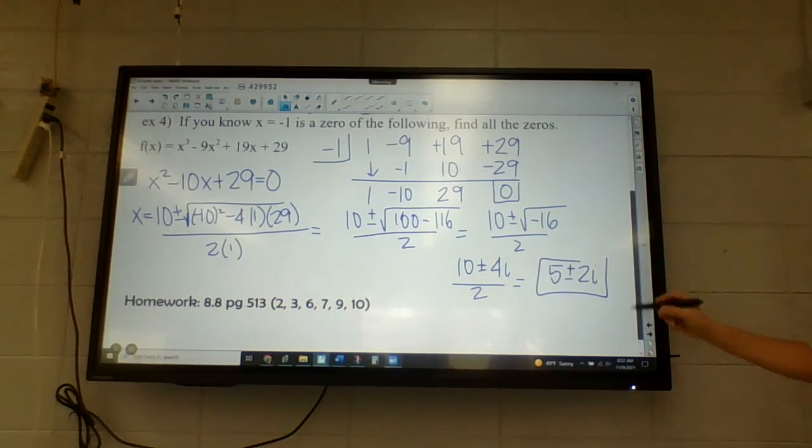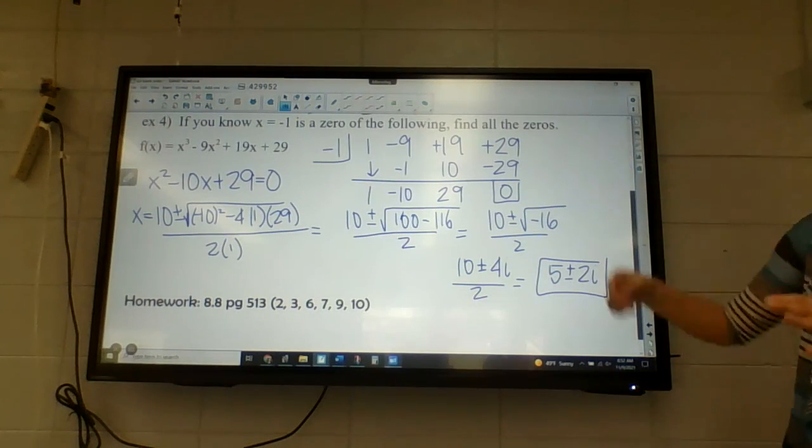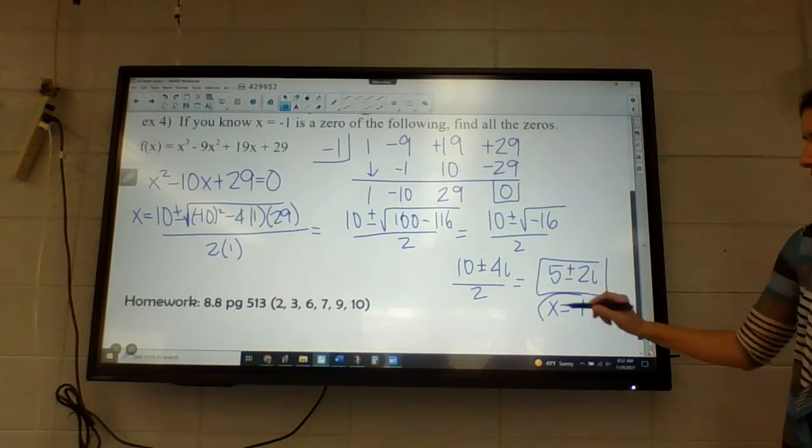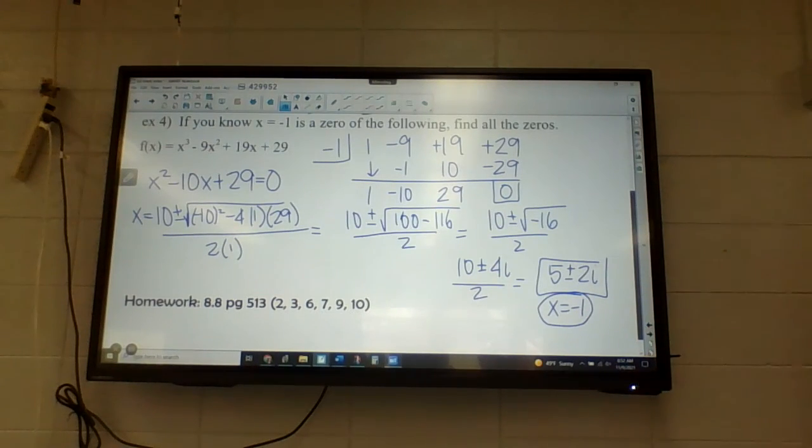So these would be our other 2 answers based off of knowing that -1 was also a solution. So if I wanted to know all the zeros, this is 2 answers, and then this is our other. 2 of them are imaginary, 1 is real.